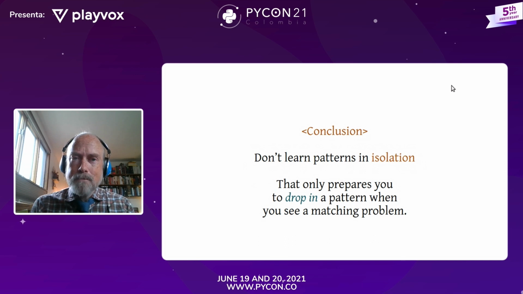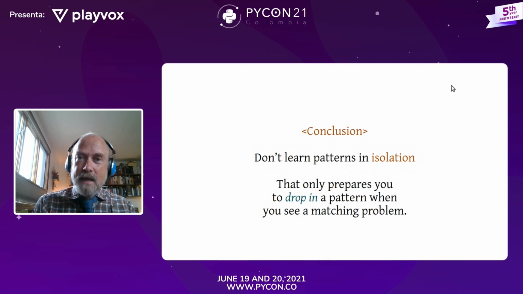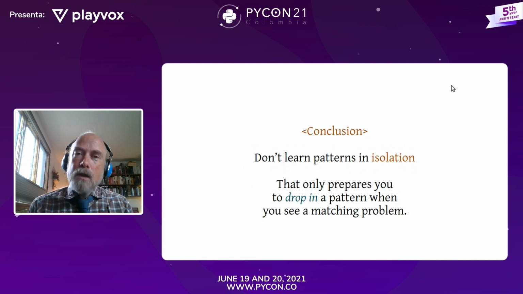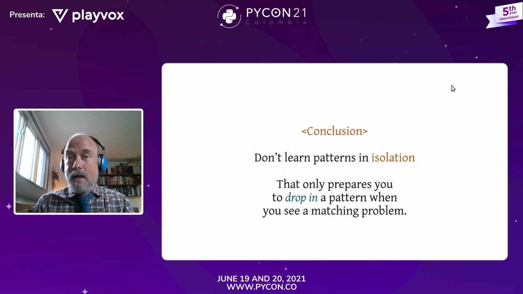Don't learn patterns in isolation. That only prepares you to drop in a pattern when you see a matching problem come up in some code that you're trying to write.